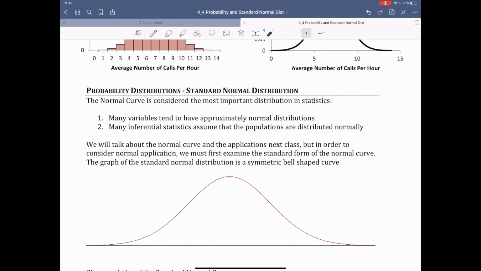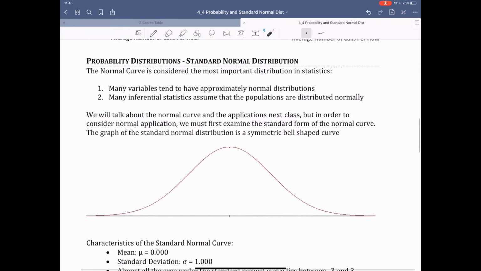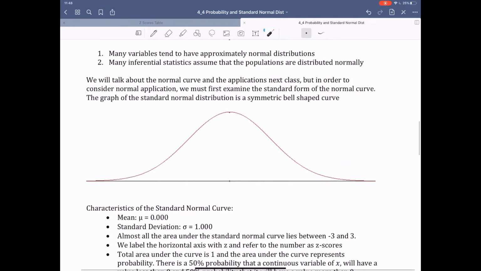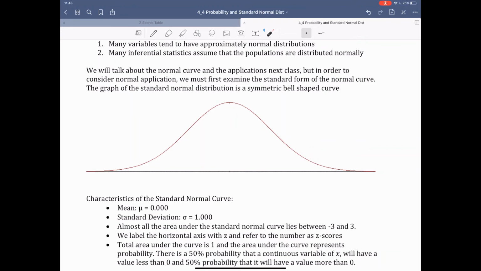So if you can assume that a population is normally distributed, you're able to infer certain things about it and use the normal distribution to calculate different probabilities. We're going to talk about the normal curve and its applications in the next class. But in order to consider normal applications, we have to first examine the standard form of the normal curve.